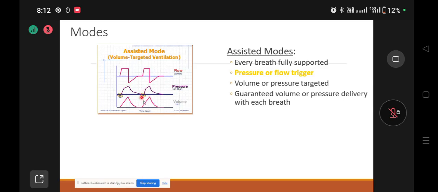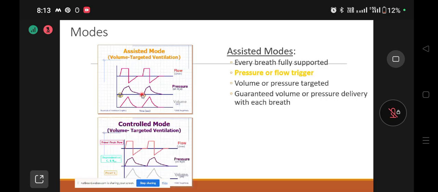So this is what is called a triggered breath. So here it could be pressure triggered. There is a change in pressure over here which is sensed by the microprocessors or sensors in the ventilator, and it gives a breath. So this is called an assisted breath.